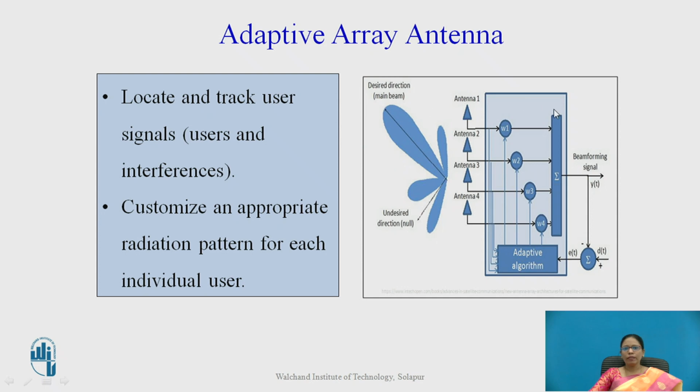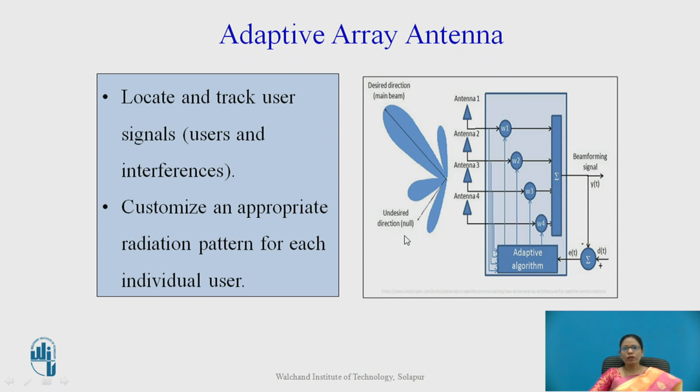Here it is shown diagrammatically, where you can see these are the antennas, and these are the weightages provided to them, all summed together. There is an adaptive algorithm. The output of this is a beam forming signal. This beam forming signal, and whatever desired signal is given here, the error signal when fed to the adaptive algorithm, the adaptive algorithm will adapt in such a way that it provides the maximum gain in the desired direction and null in the interfering direction.